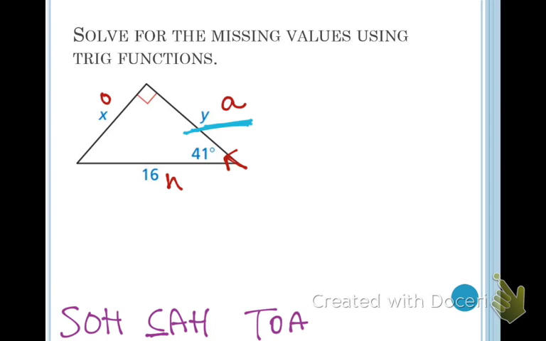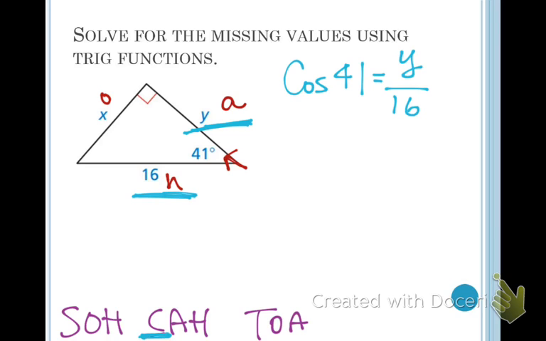All right, so if we want to solve for the letter y, what side did they give us? The hypotenuse. So we need to decide which trig function to use, given the adjacent and hypotenuse. Cosine. So we're going to use cosine of 41 equals the adjacent, y, over the hypotenuse, which is 16.